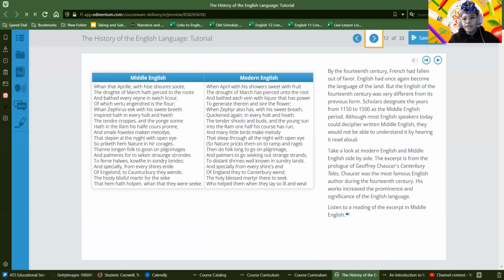A lot of the time, scholars, so basically people who study languages, will tell you that the period from 1150 to 1500 is considered the Middle English period. That's basically where Middle English started developing and then became popular and was the main language that people spoke.